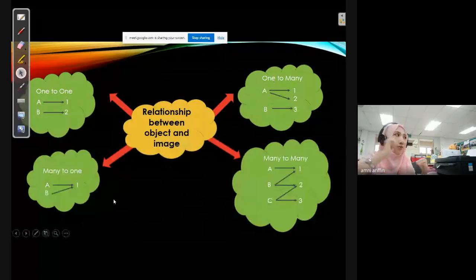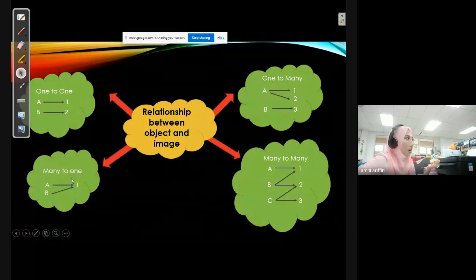Okay, so from here you know that object A will produce image 1. Betul tak? Object B will produce image 2. And then kalau relationship between one to many, object A will produce image 1 and image 2. And then object B will produce image 3.